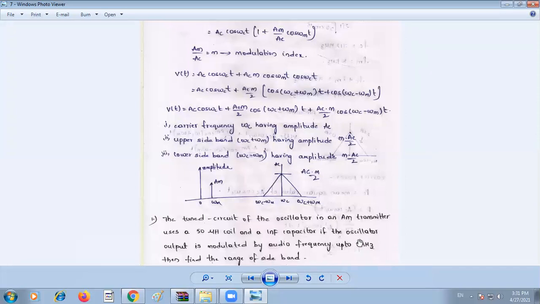If the oscillator output is amplitude modulated by audio frequency up to 8 kHz, then find the range of the two sidebands.